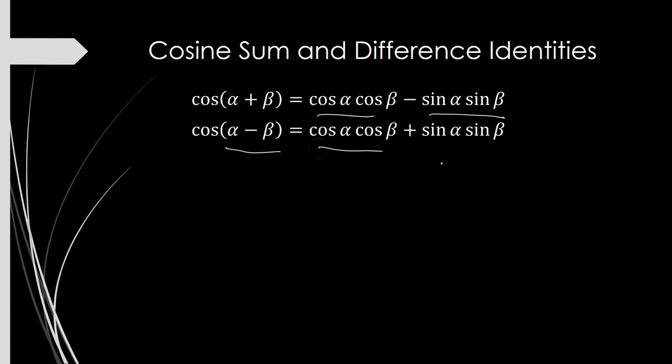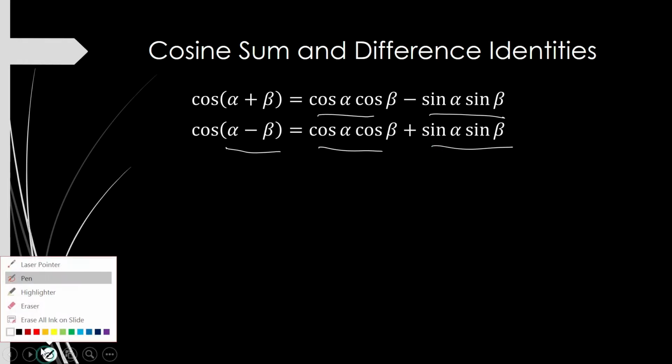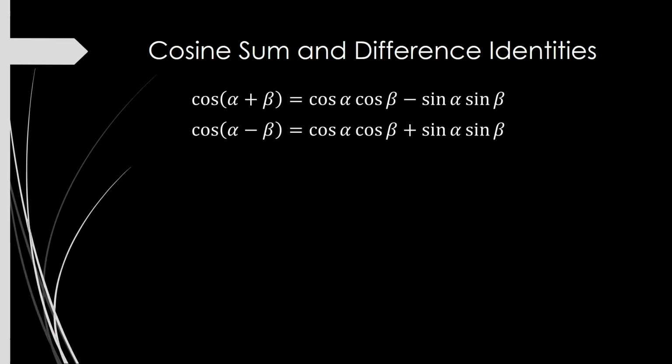It's also cos and sin. But you know what? Just in case you are the type of person like me who has a resistance to memorizing huge chunks of information, what you can do is just remember cosine of alpha plus beta, okay?